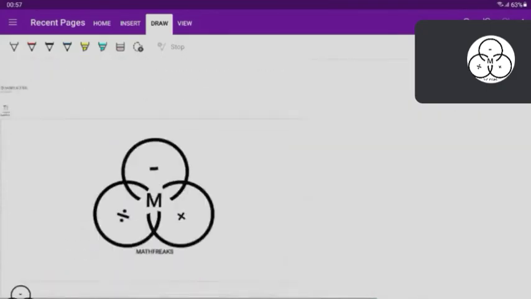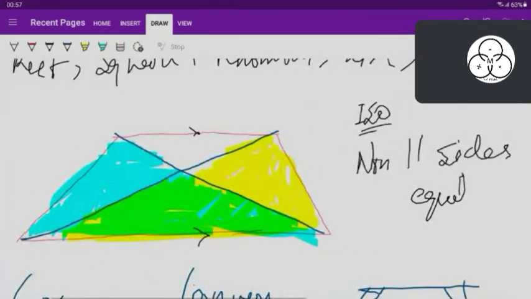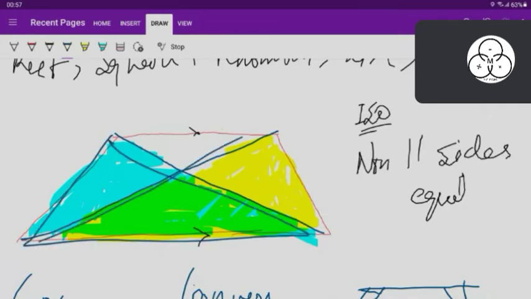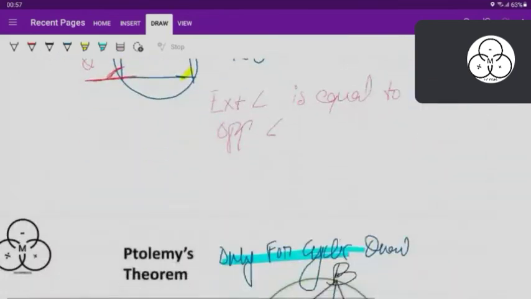Let us give a simple throwback. Here, it was already discussed that the area of this triangle and the area of this triangle are equal, and this area is common to both. So the areas of these two triangles are equal to each other. This was discussed.